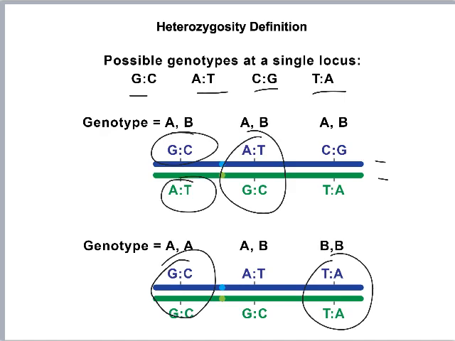That doesn't say anything about what information is encoded at that locus. At this particular place, I have both A information and B information, and I'm heterozygous. Down here, I have just B information, and I'm homozygous.